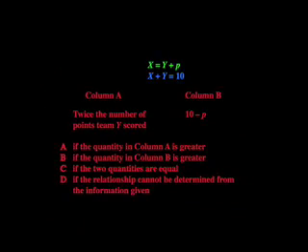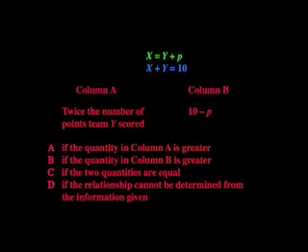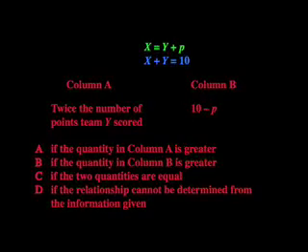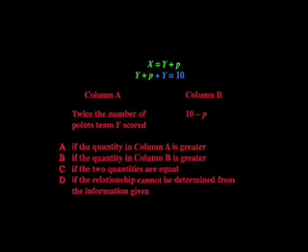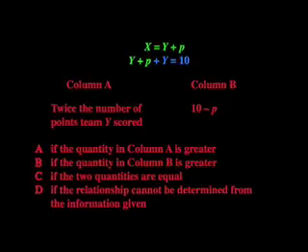We could have taken a shorter path if we had realized we already had a value for X in our first equation. It was Y plus P. So we can substitute for X in our second equation. This makes our second equation Y plus P plus Y equals 10.